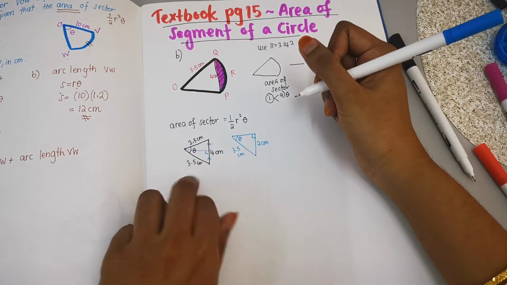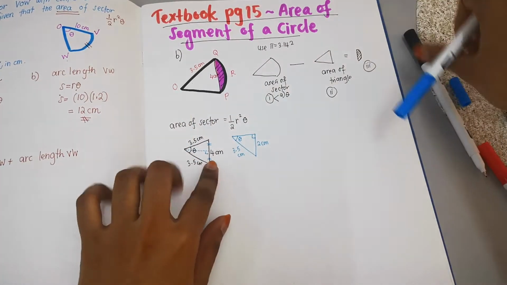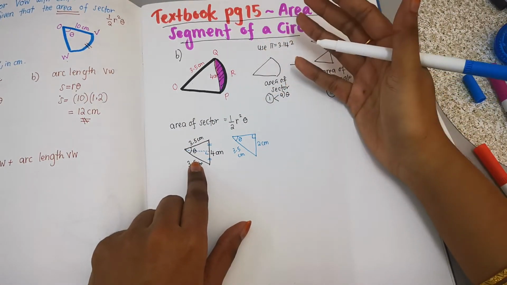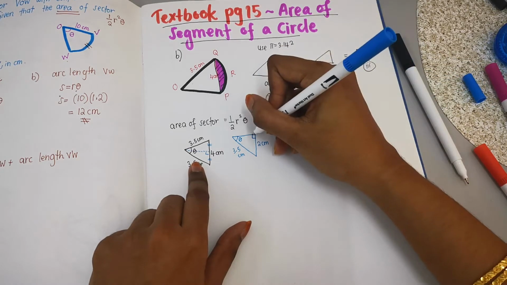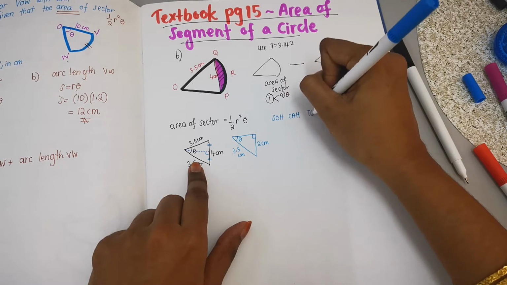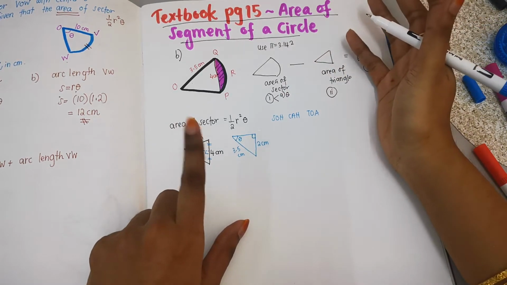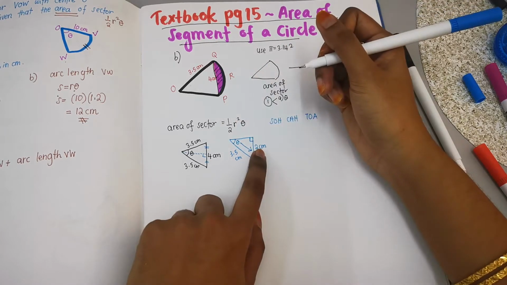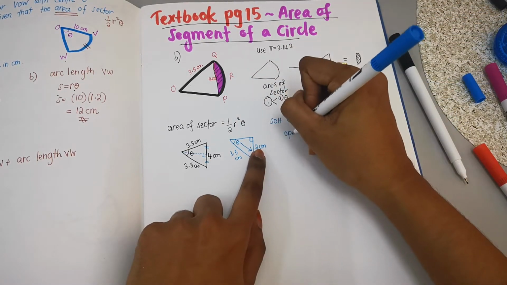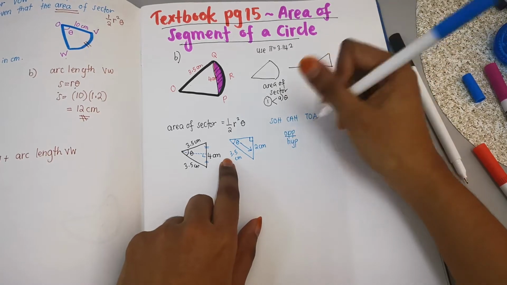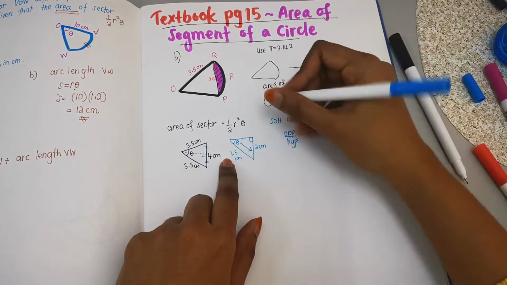We are just using the basics of triangle, if you remember SOH CAH TOA. Now let's look at which one we are going to use. 2 is the opposite, and we have the hypotenuse. Opposite over hypotenuse is sine.